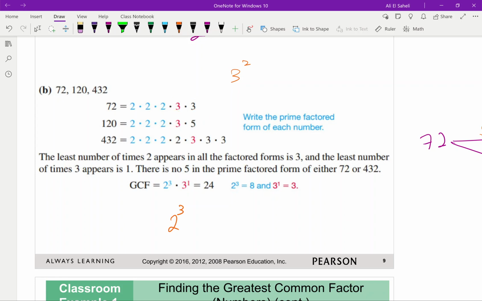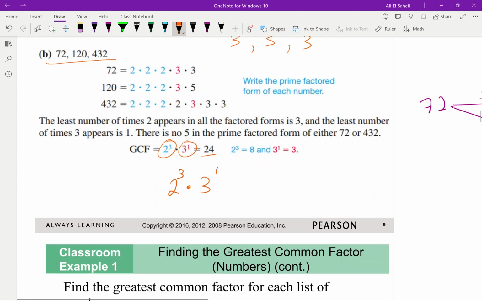And the second one, it's 3 to the power 1. And in the third one, it's 3 to the power 3. So we choose the smallest one, 3 to the power 1. And that will give us the greatest common factor. So 2 times 2 times 2 is 8, times 3, 24. 24 is the greatest common factor of these three numbers.